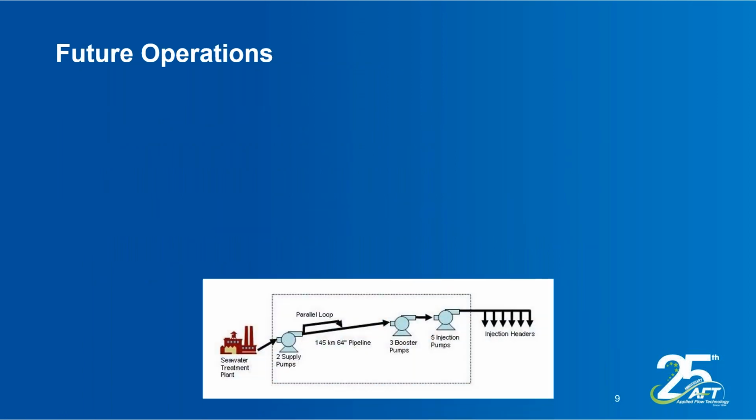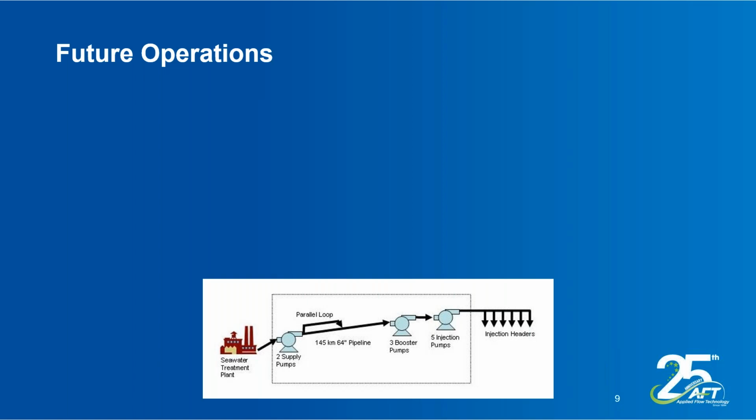Now, again, as I mentioned, the original design case was designed for 2.14 million barrels per day of seawater. Now, this was designed for a 20-year pipeline life, and the idea was 10 years down the road, there was thought that they would want to increase production of seawater from 2.14 million barrels a day to 3 million barrels a day.